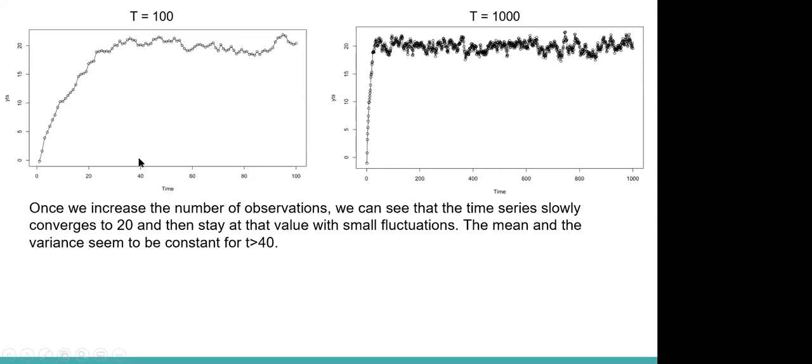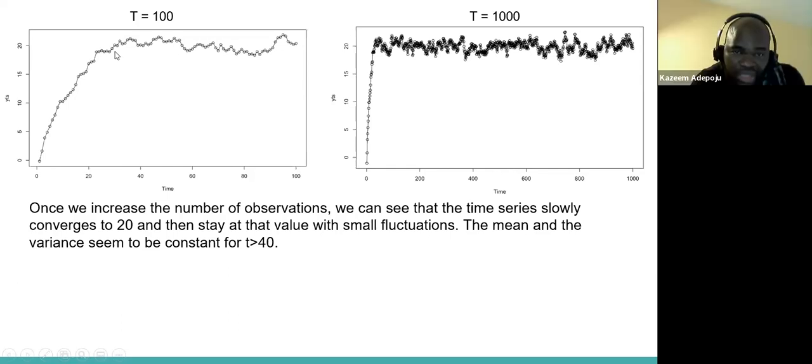Starting from 40, all the way, you can see some stability. Seeing stability is seeing stationarity. And so we can see that the time series slowly converges to 20, and then stays at that value with small fluctuations. It's not going to be a perfect straight line.